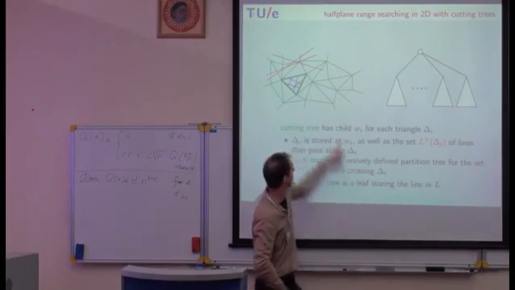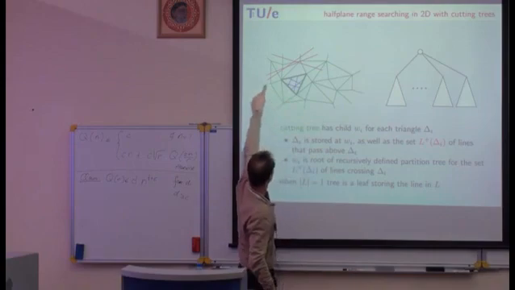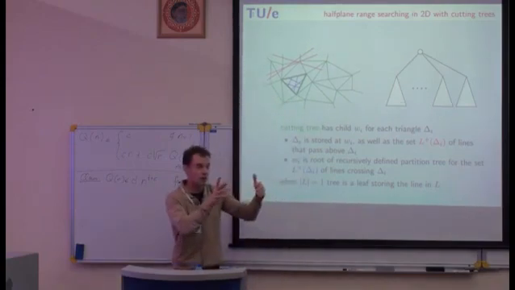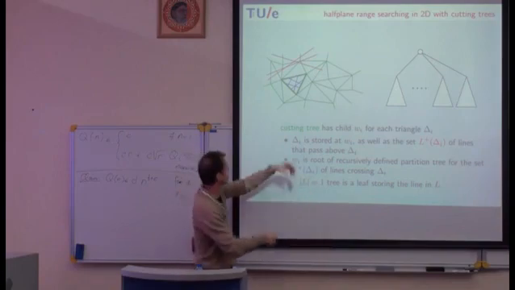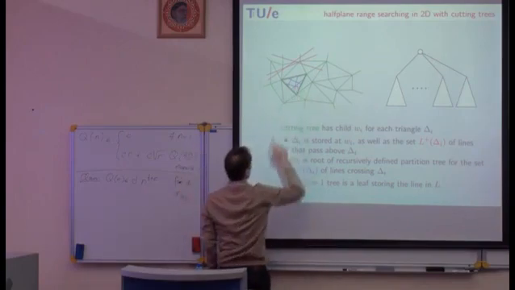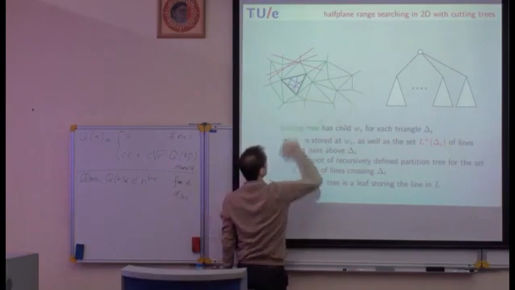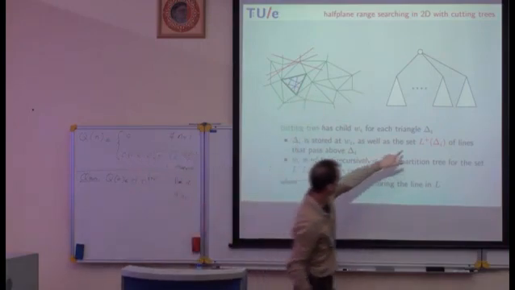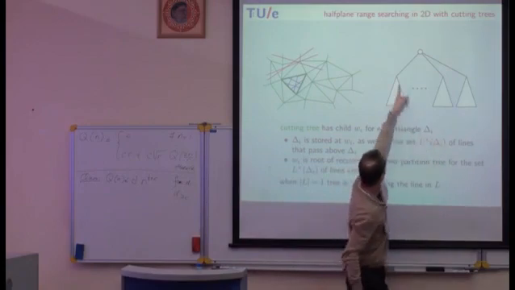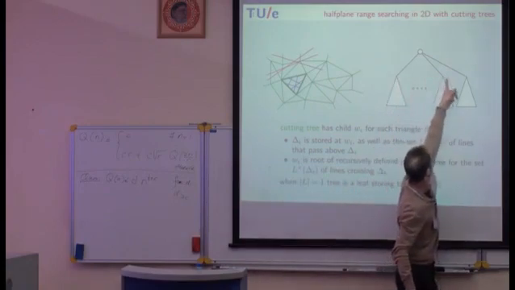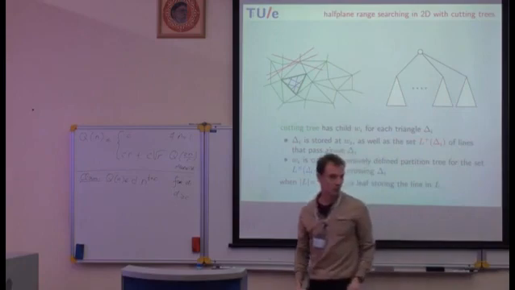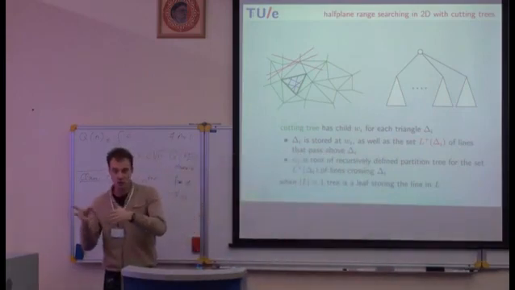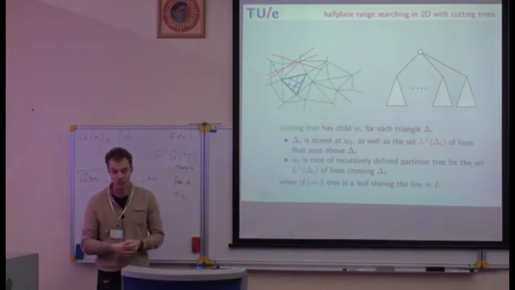So it means that this line, for instance, is going to be stored at many nodes, right? Because it's above this triangle, but the line is also above this triangle and this triangle and this triangle. So I have lots of these sets, one for this node, one for this node, and a line is going to be stored in many of those sets.